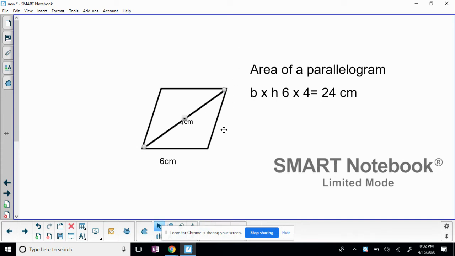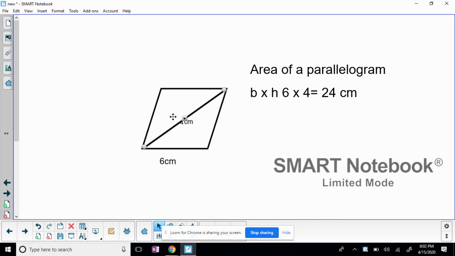Okay. 2 triangles. So that's why you divide it by 2, because these shapes that I've been showing you, the formula is base times height. But when you're dealing with a triangle, you have to remember to divide it by 2.